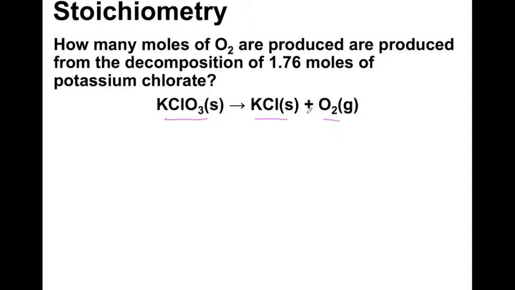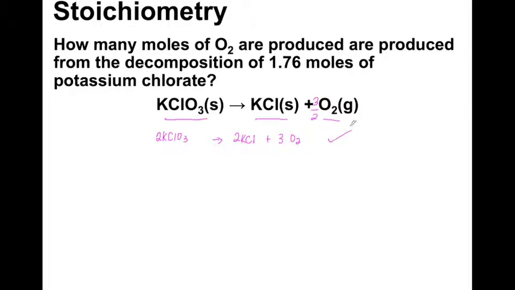So we start with oxygen, and that gives us 3 over 2 here, right? But if we want to eliminate the fraction, we have 2KClO3 forming 2KCl plus 3 oxygen.